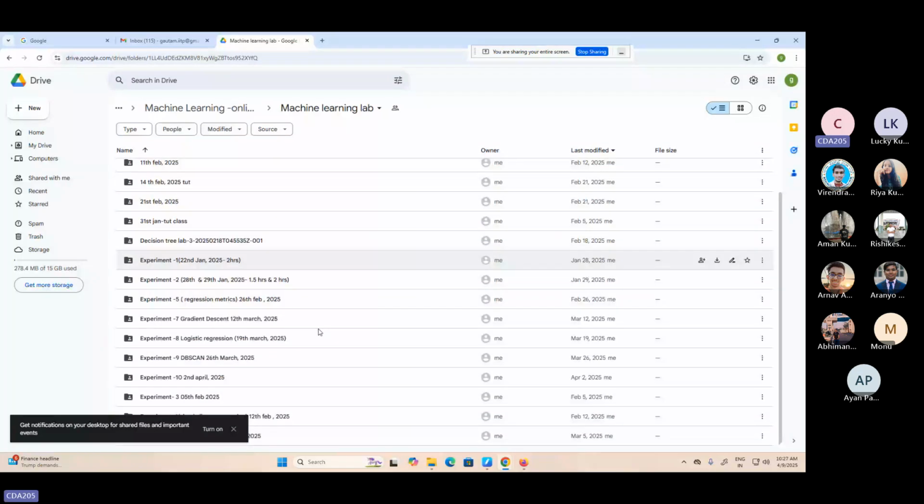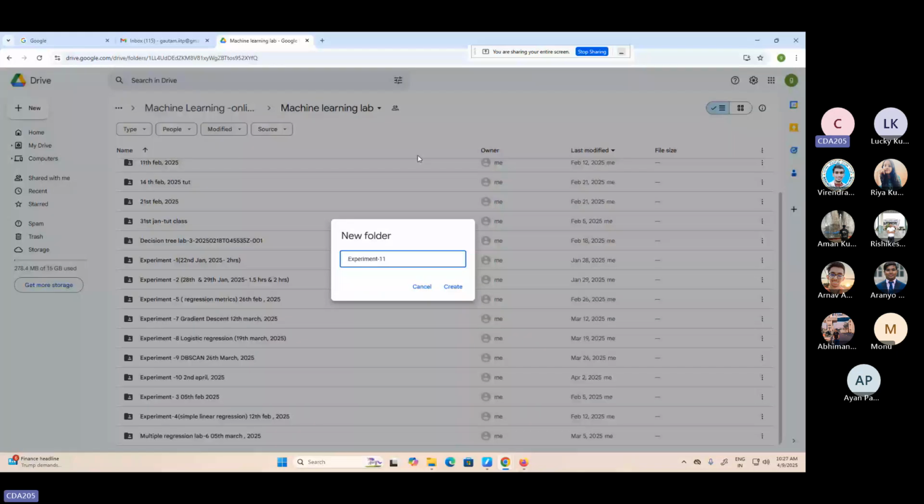Last class we have done PCA. So I think today it is 11. Experiment number 11. That is the confusion matrix. And the date is 9th April 2025.